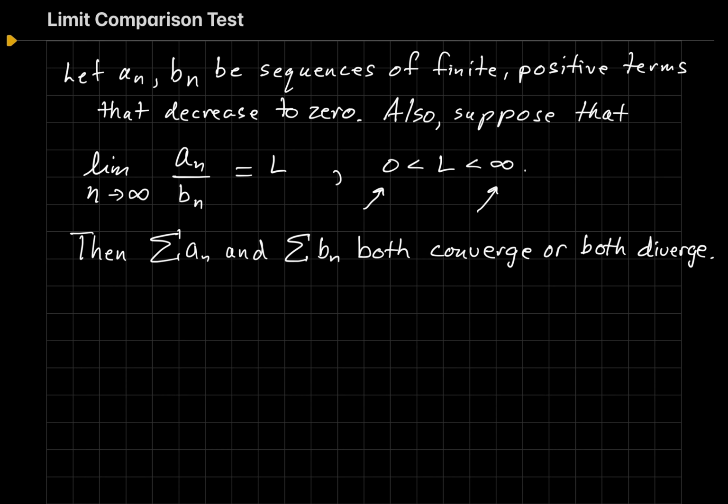Then the series A and B both converge or both diverge. I often call this in class, if they look the same, they do the same. Well, let's figure out why.